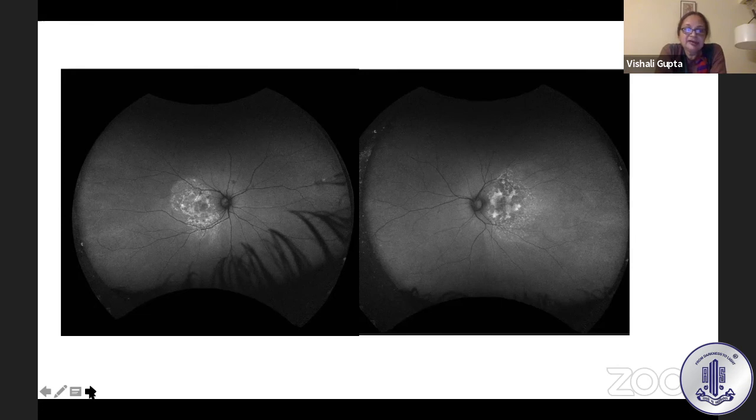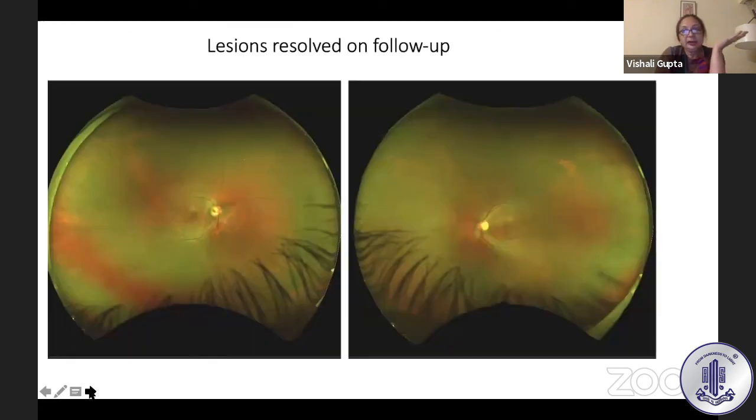If you ask me today, looking back at this, it was not infective endophthalmitis, and probably antibiotics didn't do anything. Probably the viral retinitis resolved on its own, but I would have loved to have biomarkers at that point of time as to what it could be.